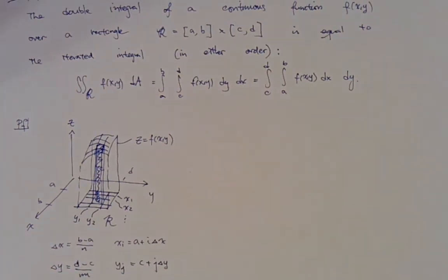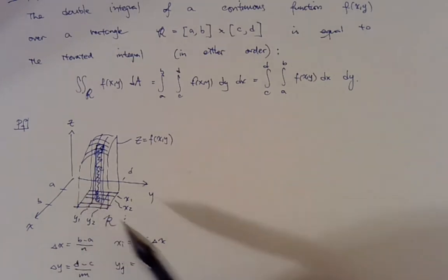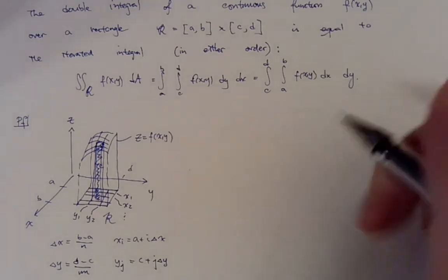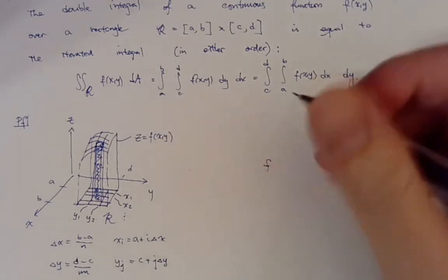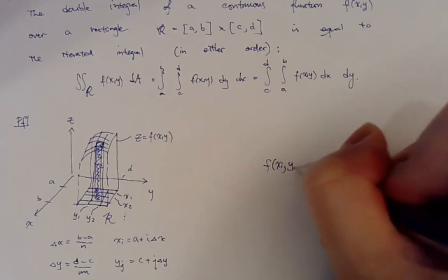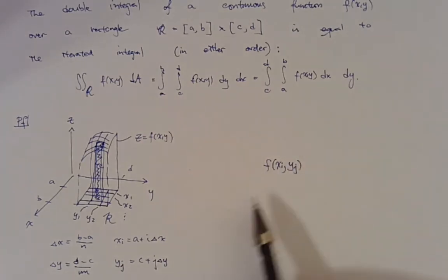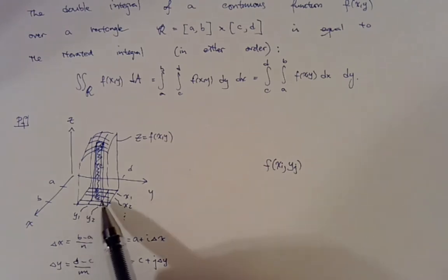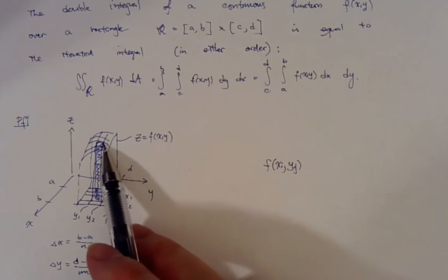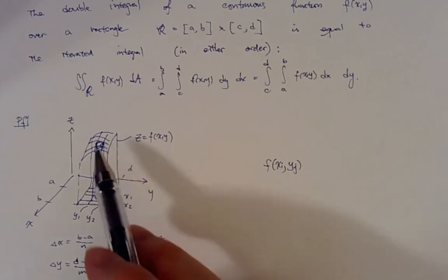We can also divide the rectangles into different widths, but I think the easiest is to use the same width for all of them. Then what we'll do is evaluate the function f at x sub i, y sub j. That gives us a specific point and then the height of that rectangular box.